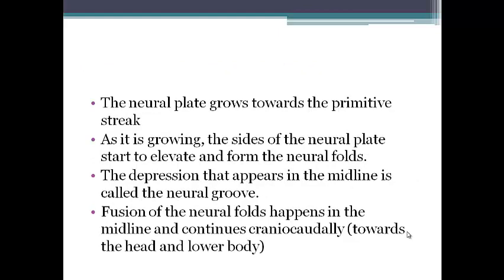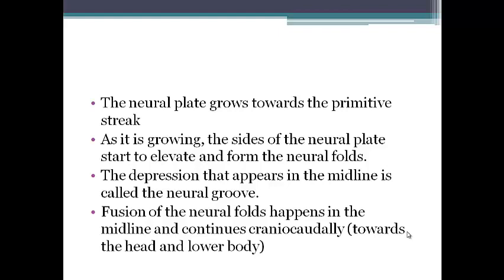Okay, so once the neural plate appears under the influence of the notochord, it starts growing towards the primitive streak. The primitive streak is closer to the caudal end, and the neural plate will start growing towards it. As it is growing, its sides, the sides of the neural plate, will start to elevate.